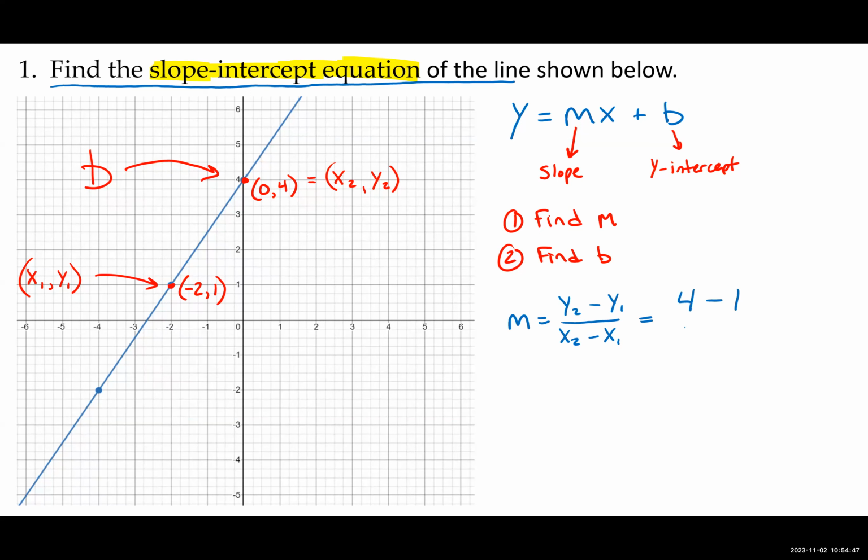So we'll do 4 minus 1 divided by x minus x. So that's 0 minus a -2. So we're subtracting a negative. 0 minus a -2. So that gives us 3 on top, and 0 minus -2 is 0 plus 2, which is 2 on the bottom.